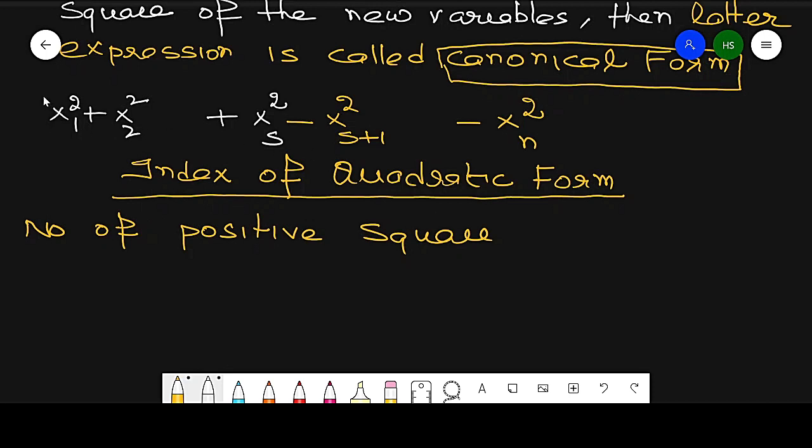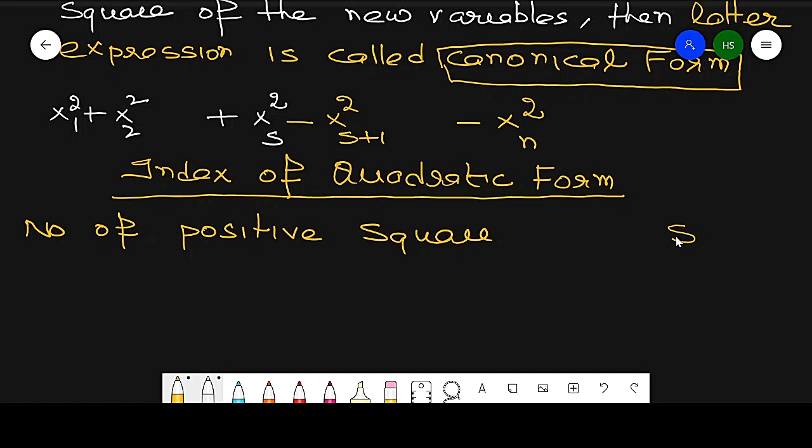For example, in this example, the positive squares are s. So the index of this quadratic form is equal to s. Just remember this is the index.